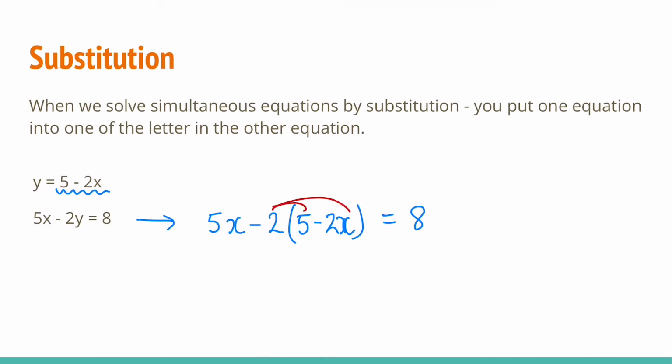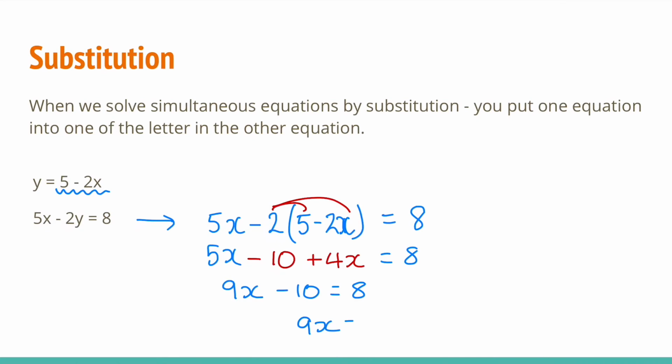If I multiply out my brackets, I end up with minus 10 plus 4x, and then I've still got the 5x and the 8 there. So in total, 9x minus 10 is equal to 8. If I add 10 to both sides, 9x is equal to 18, and therefore x is equal to 2.